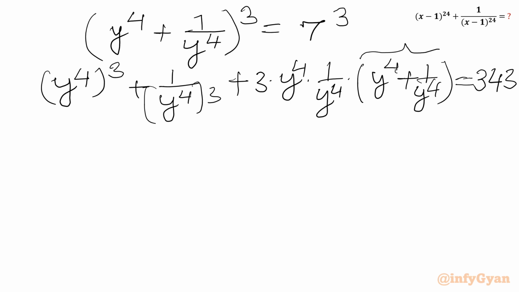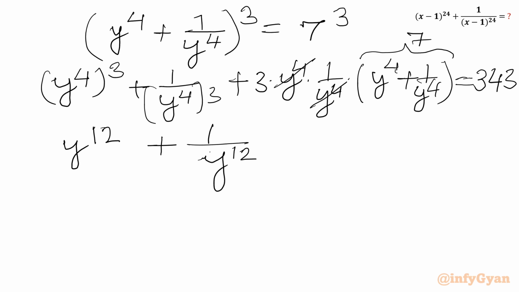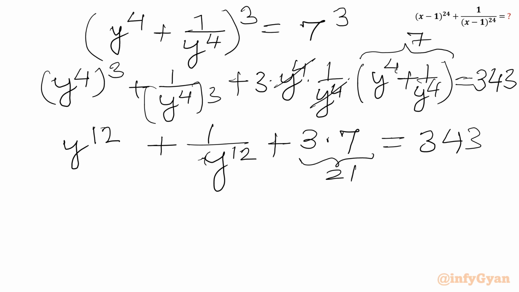Now here we can write 7, and y power 4 and the denominator y power 4 will be over. So I can write y power 12 plus 1 over y power 12 plus 3 times 7 equal to 343. So this is 21.